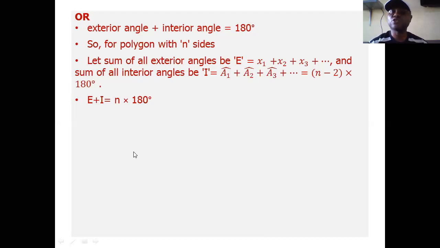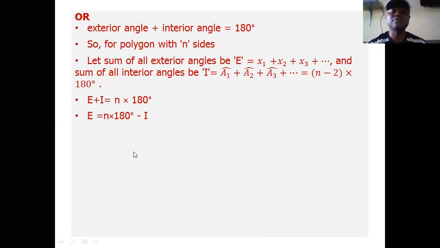If there are so many exterior angles, just like there are so many interior angles of a given convex polygon, and you add all the exterior angles and all the interior angles, they should give you so many 180 degrees. So here, since we are dealing with n sides, we say it is n times 180 degrees.